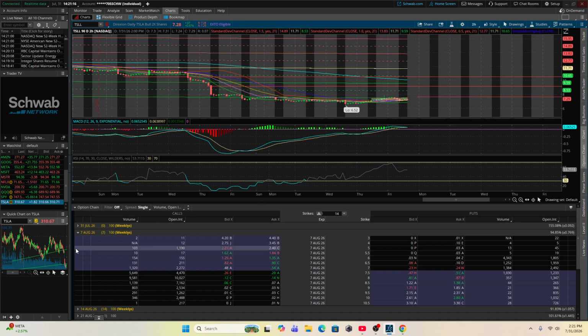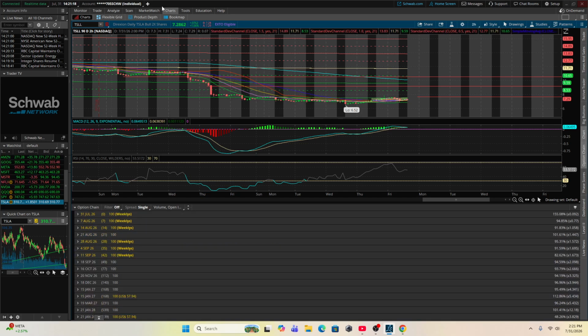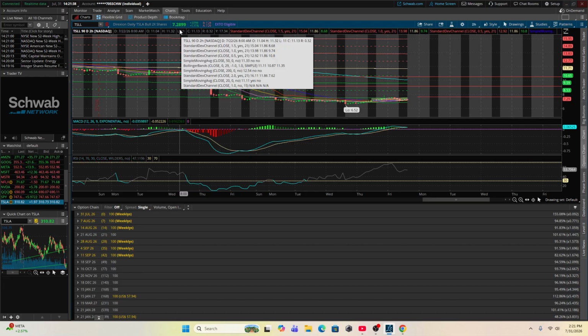That's $3.60, which means that potentially we could lower what it actually cost us to buy the first set of TSLL 500 shares. We could potentially lower that by an entire $3.60, which is basically half.